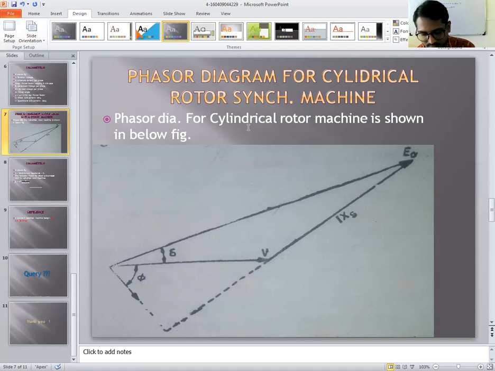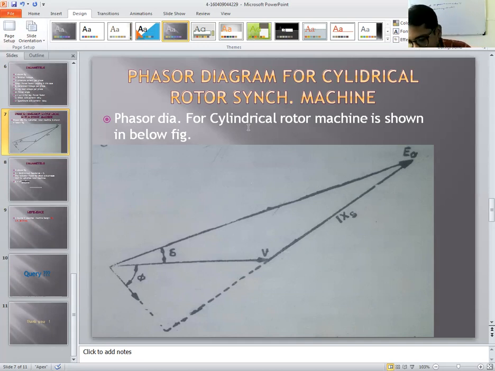By using these formulas, we can find out XD and XQ. The waveforms of the voltmeter voltage, rotor terminal voltage and current we have to observe on the CRO. By using that, we can draw this phasor diagram.